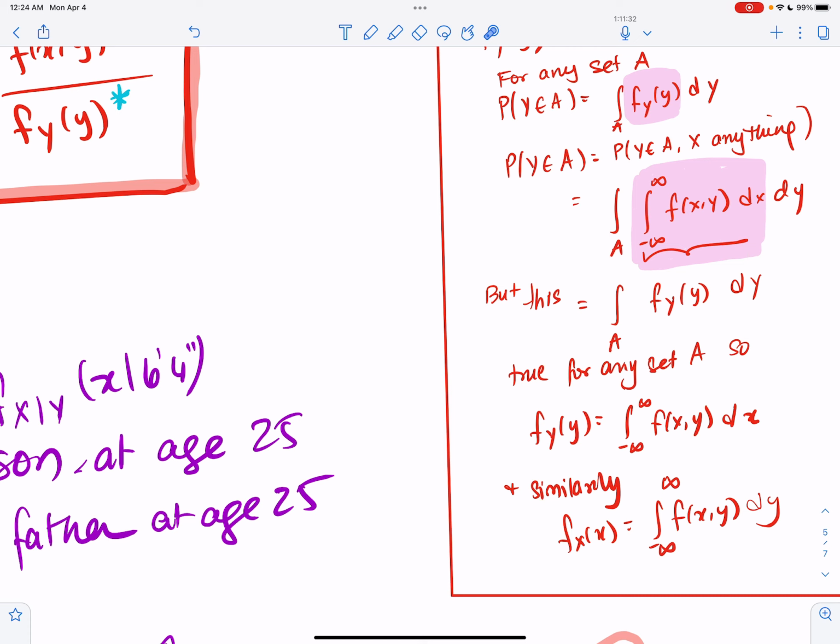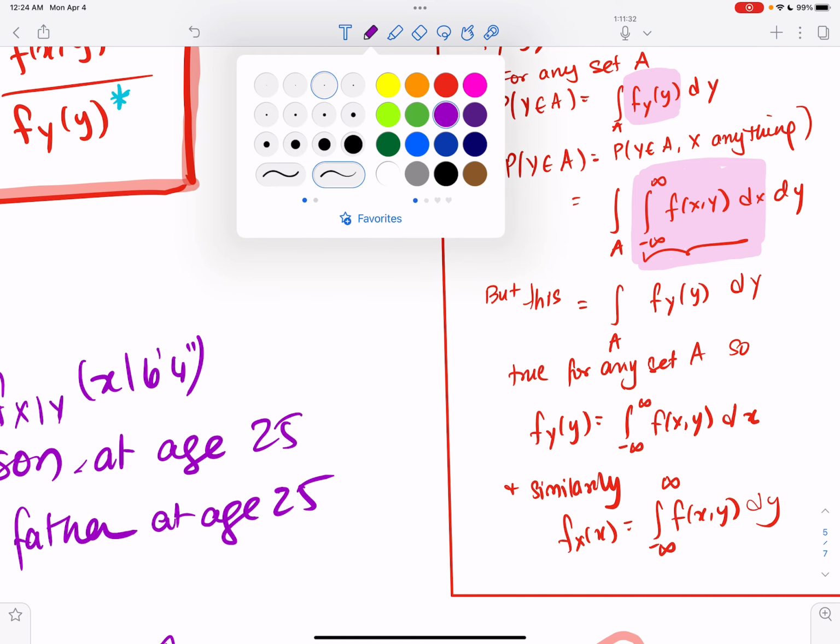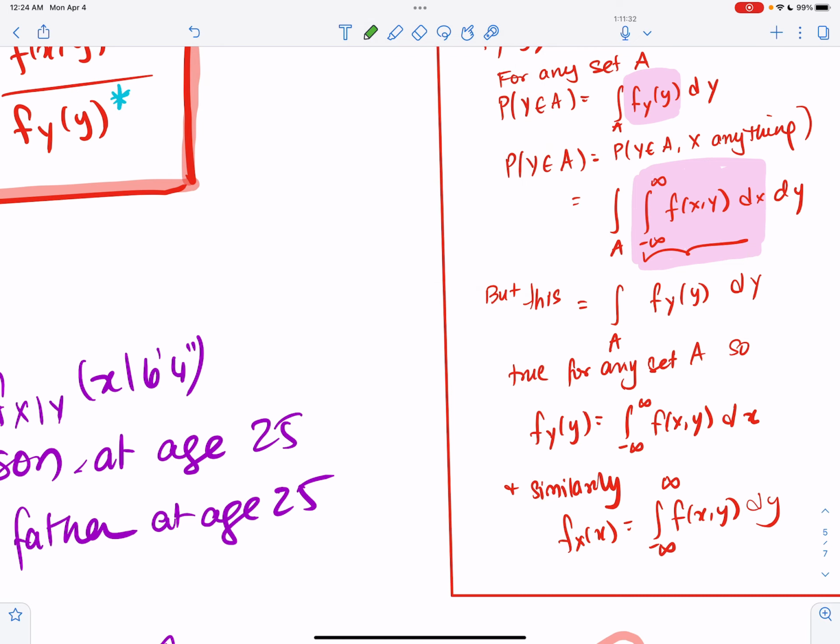And that is a true fact from calculus. If the integral over A of g of x dx equals the integral over A of f of x dx for any set A, then it must be that f of x equals g of x on the whole real line.